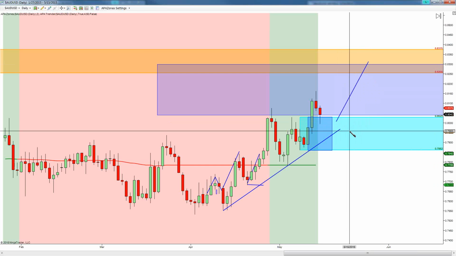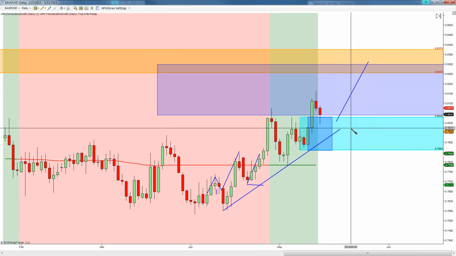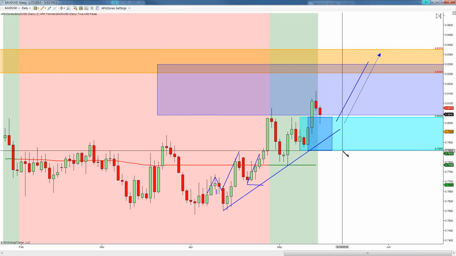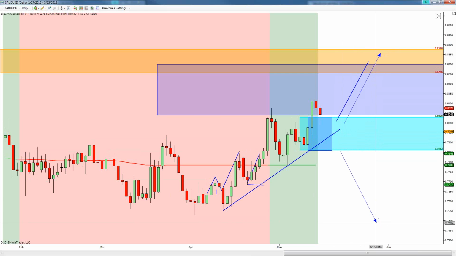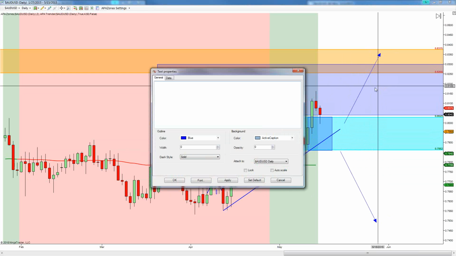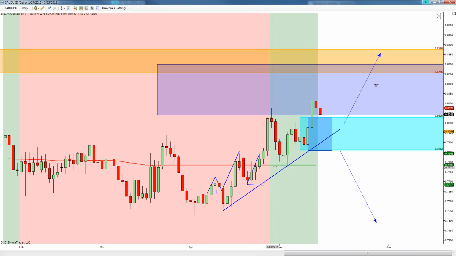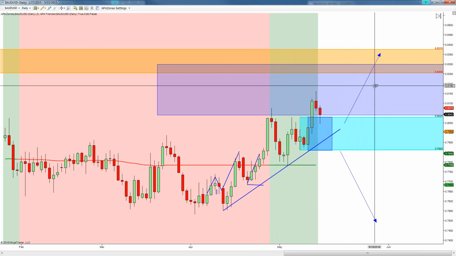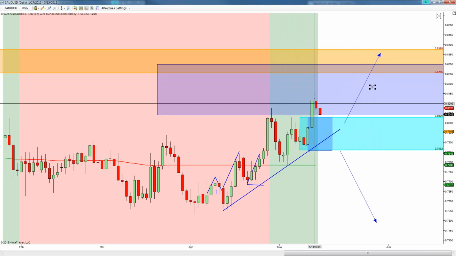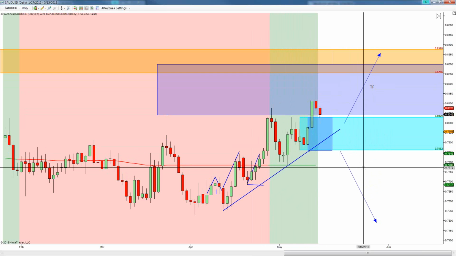So I'm going to make a couple little lines here. And we're going to say that this is a TF. I'm pulling the trend follow, or the TF, off of, we're making new highs on the daily charts.